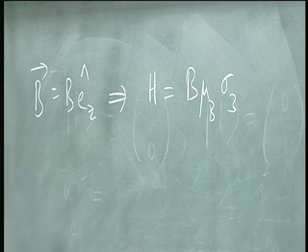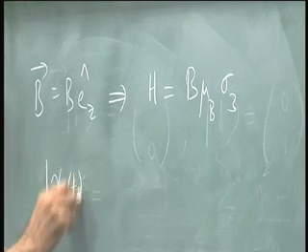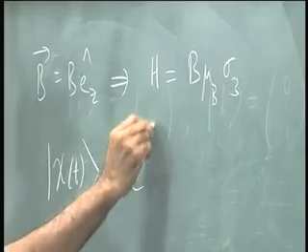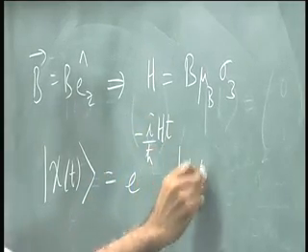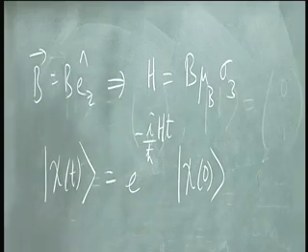So I ask chi of t equal to e to the minus i by h cross H t chi of 0.